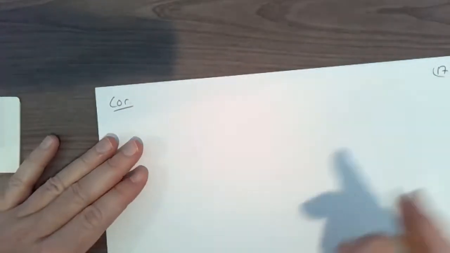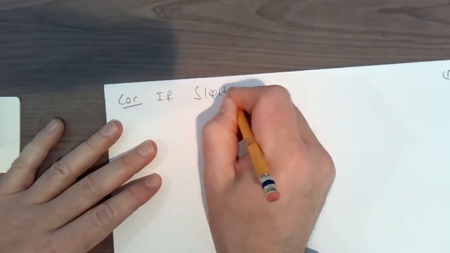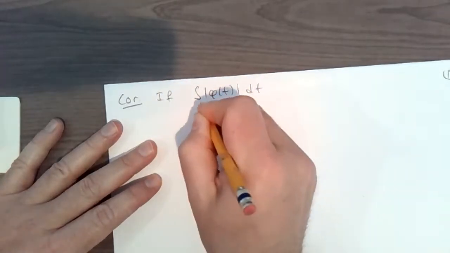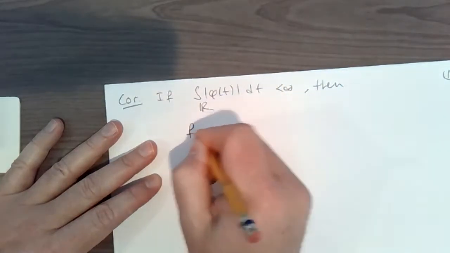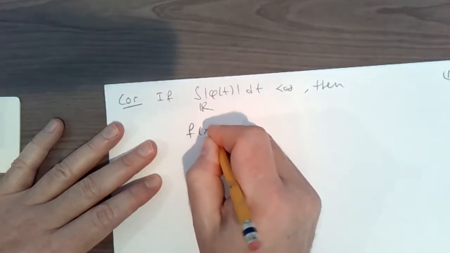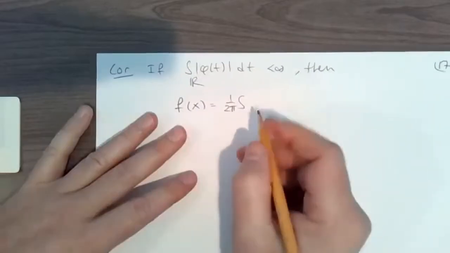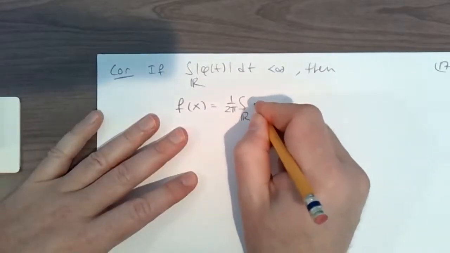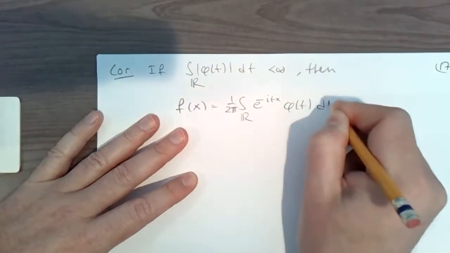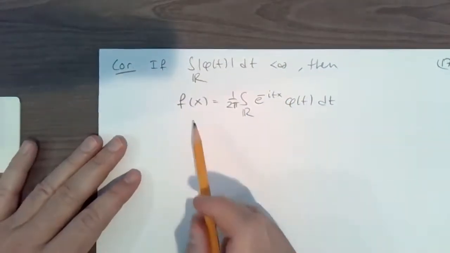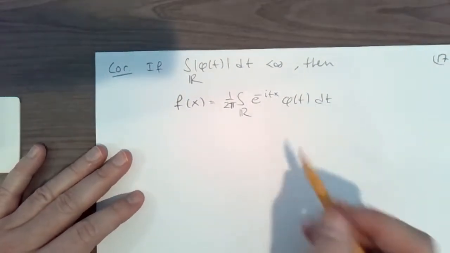If phi is integrable, then you can recover the density simply by integrating, with a coefficient 1 over 2 pi that you have to carry around, and a minus sign, phi of t here. So you get the density back simply by computing an integral of the characteristic function.